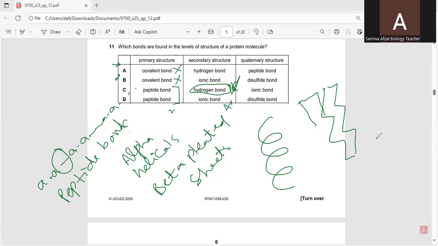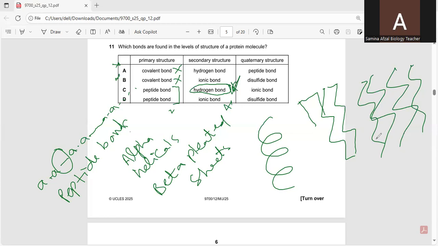And when there is quaternary structure, this level involves multiple polypeptide chains, as in the formation of hemoglobin, there are four polypeptide chains. In this way, this type of structure gives a 3D structure.